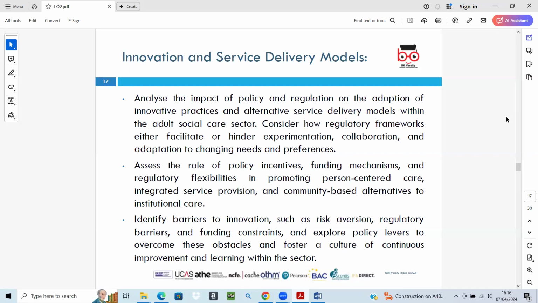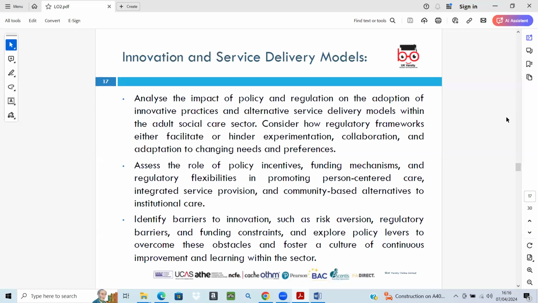care. Then we can look for the barriers to innovation in the adult care sector, such as risk aversion among providers, regulatory barriers that limit flexibility, and funding, and sometimes it has a huge impact.